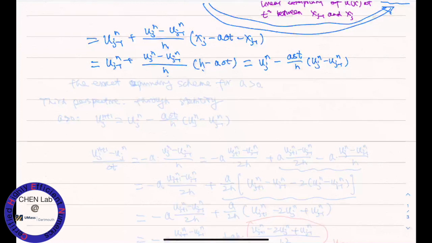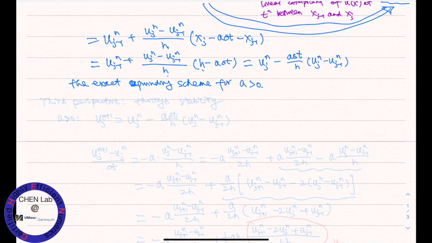You see this is exactly the same as the upwinding scheme for A larger than 0. So this is really a good choice, because this is equivalent to doing a linear interpolation of the exact solution.